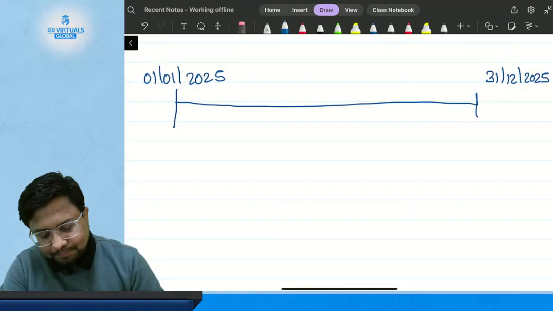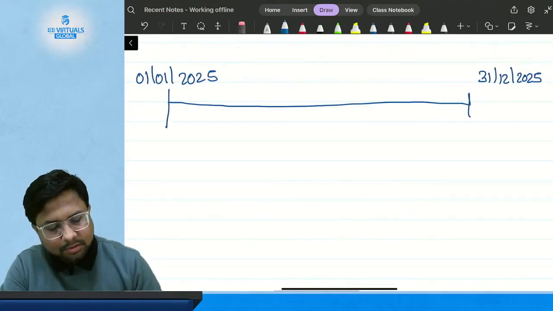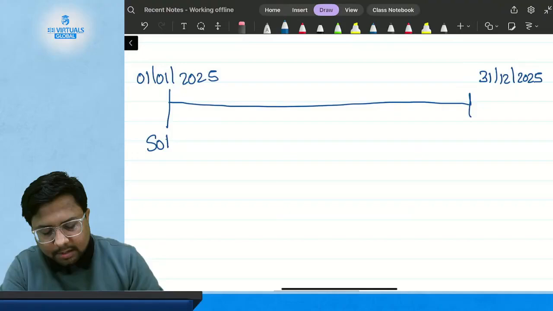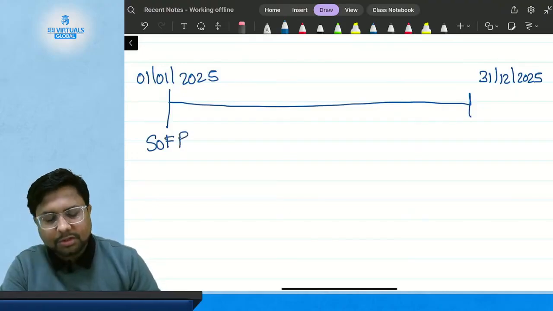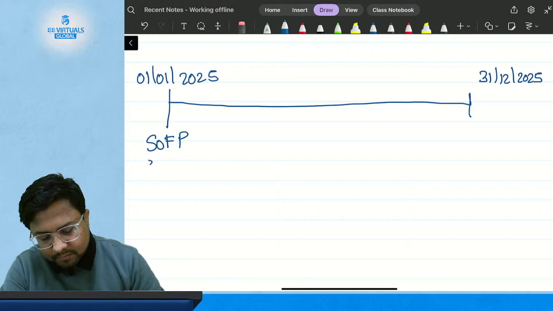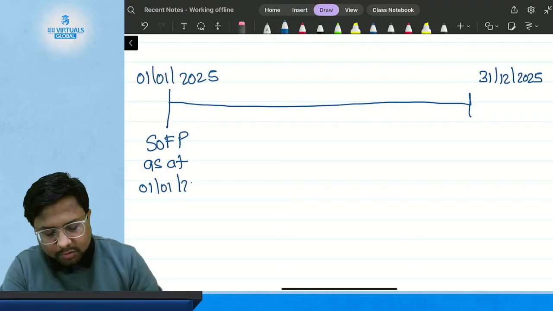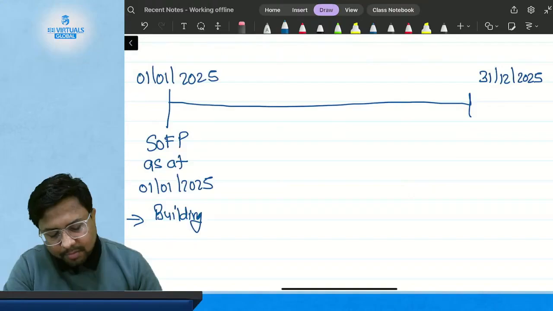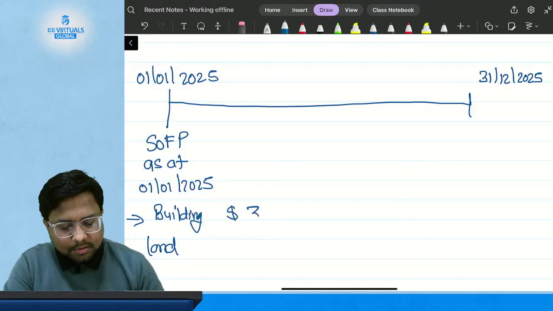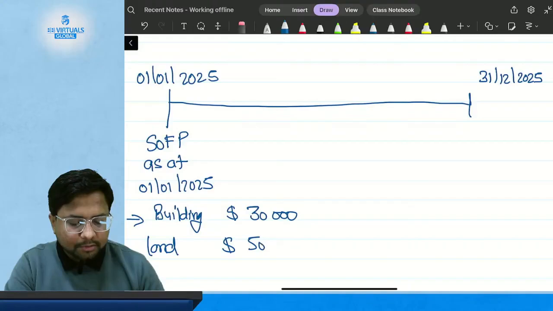I have prepared the statement of financial position as at, always use as at, 1st of January 2025, which is showing me the building, my land at a value of suppose $30,000, and the building at a value of $50,000.